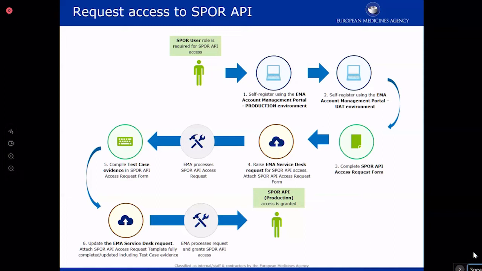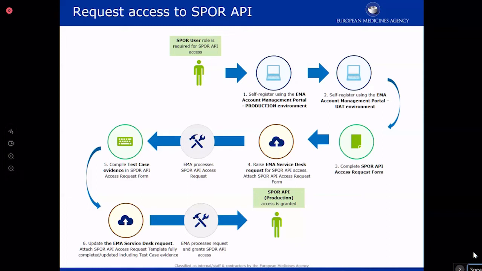It's an Excel form that you will need to complete. Then you will need to raise a service request to get that access and attach your access request form to it. You will also need to compile a list of test cases on your own systems, which will need to be added to the ticket, so we can see and assess your usage of the SPOR API.